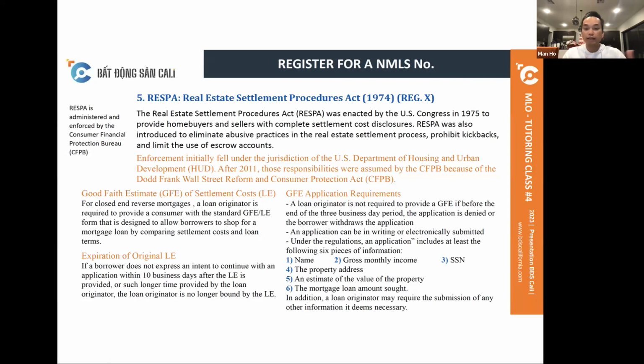Until you get all the information back, you cannot give out an LE just yet because you don't know what the borrower's situation is, right? You get all that information back, you type it in the system, it spits out an LE. Okay, then you give that LE to the client. But if the client doesn't give you enough information, then you cannot do anything, right? And also you have to run the credit check too, right?